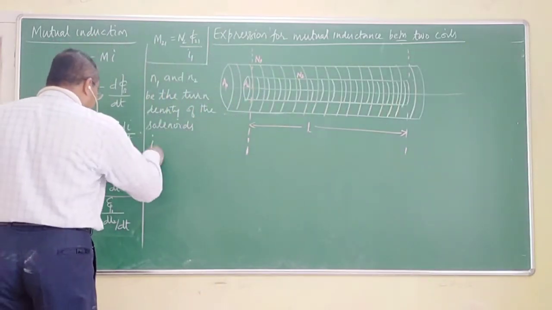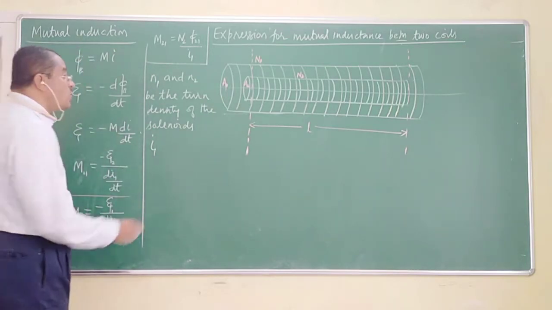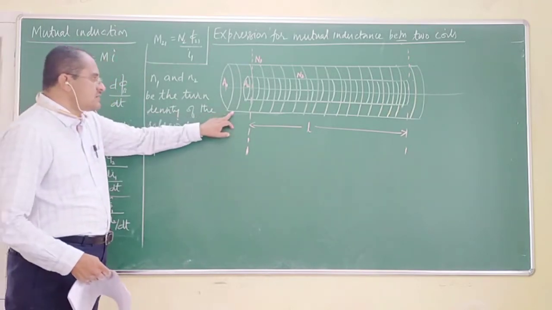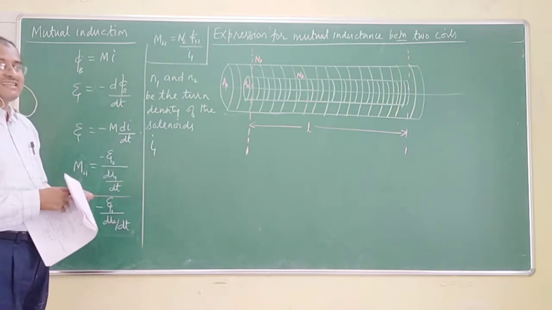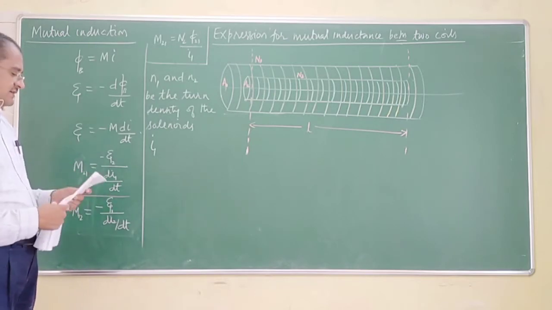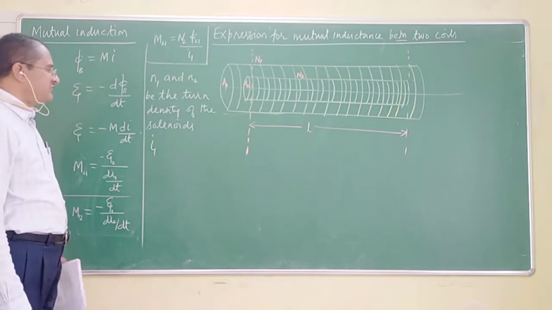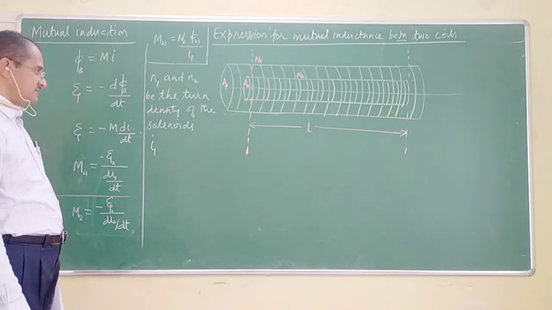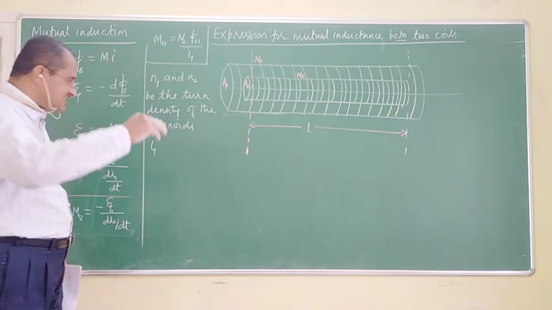Let me say I1 is the current flowing through solenoid 1. This is solenoid 1, the inner solenoid is solenoid 2. I1 is the current flowing through the outer solenoid. When current flows through the outer solenoid, it will produce a magnetic field acting along the axis.